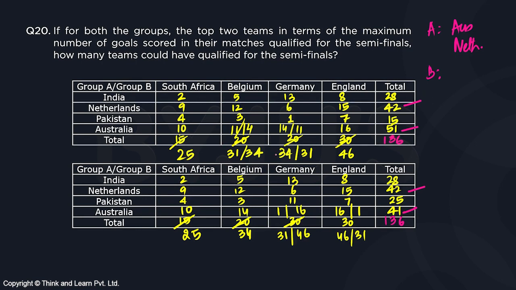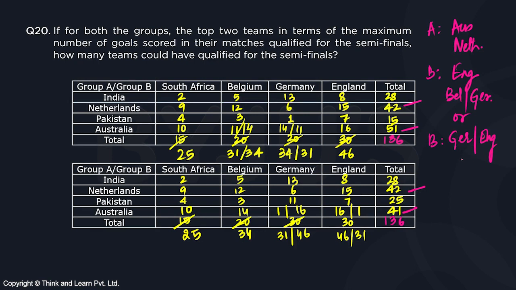In Group B, we can have the highest England, and the second highest could be Belgium or Germany. So we have 5 teams that can go. If we look at the second scenario, in Group B, we can have 46 as the highest. So it could be Germany or England, one of these two.